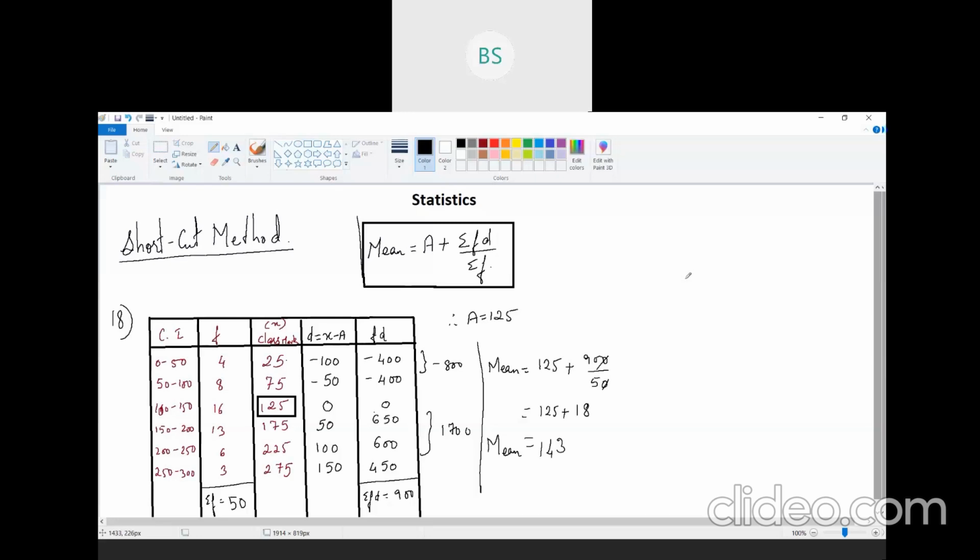So any doubt in the shortcut method? Yes. You all want to solve one more sum on the shortcut method, or shall we go for the third method? Third method. Okay, we'll start with the next method then, that is the step deviation method.